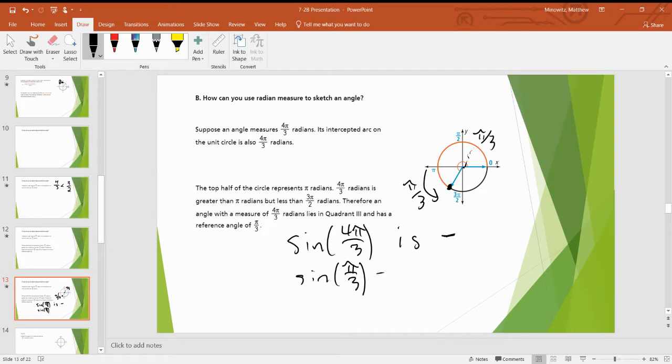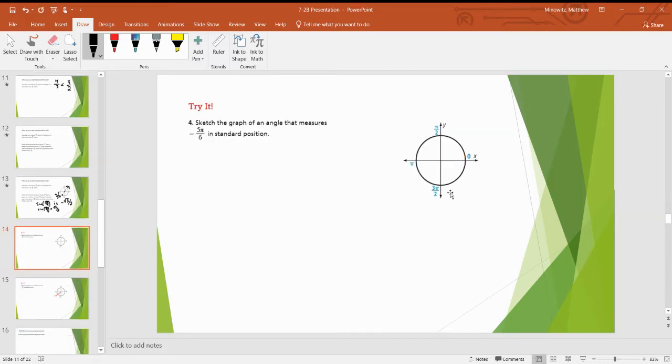Okay, and the sine of pi over 3, we're going to learn, is square root of 3 over 2, which would make sine of 4 pi over 3 negative square root of 3 over 2. They have the same magnitude, but sine of 4 pi over 3 is negative because it's got a negative height. We're going to start making all those connections. But first we need to visualize where the angles are and which quadrant they're in. So that's what you're going to try. Okay, you're going to start with that.